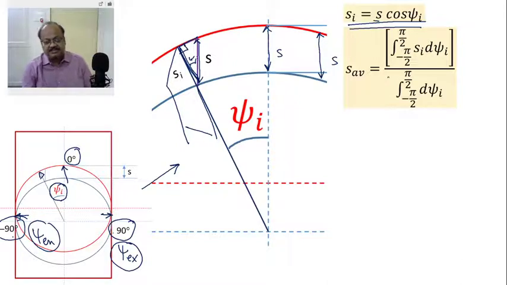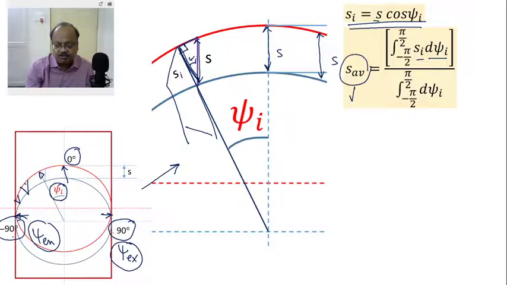Because the instantaneous feed is varying, as you can see here, it is less here, and here it is even less. So instantaneous feed is varying from the entry angle to exit angle. So what I am doing is S cos psi I d psi I, integrating from -90 to +90, and that will give me the average feed, which is quite often called true feed.